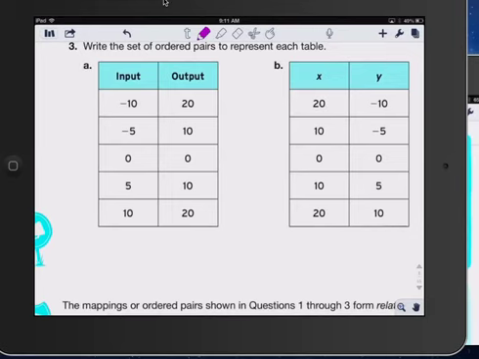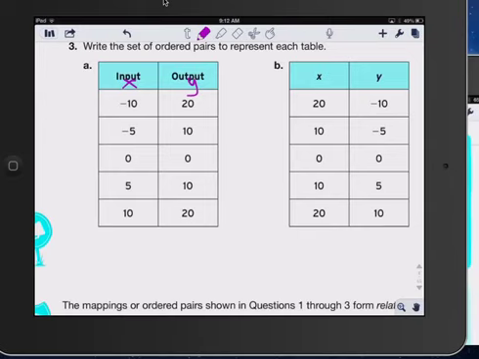Input represents what variable? X. The output represents what variable? Y. Okay, can you write the ordered pair for them?